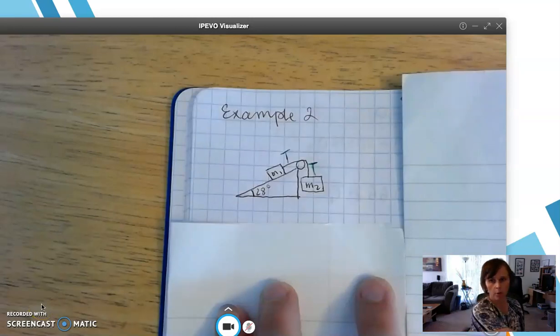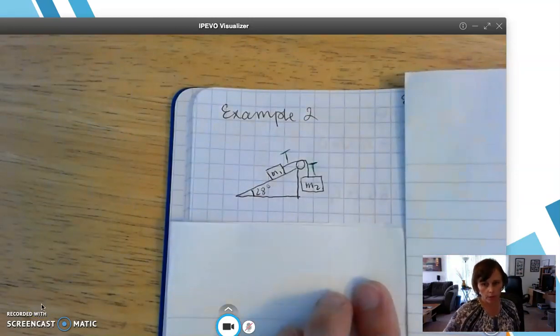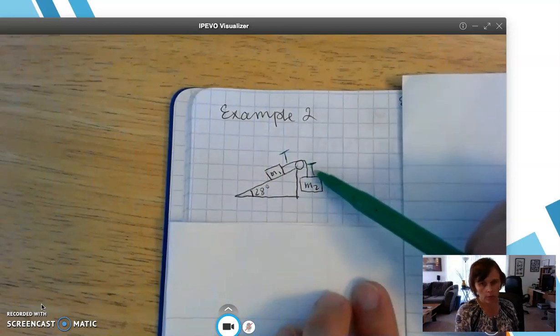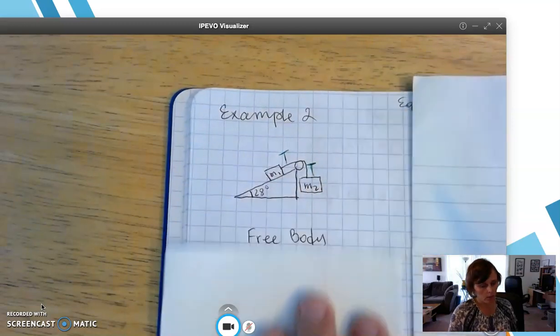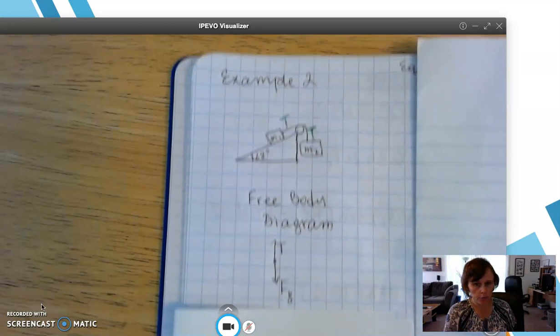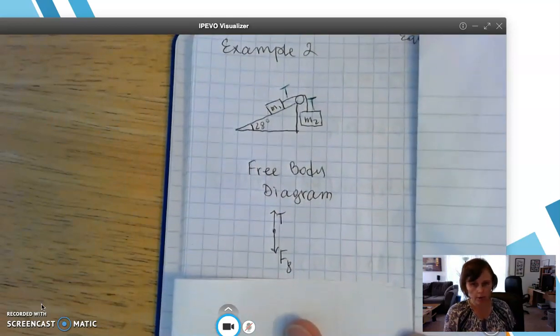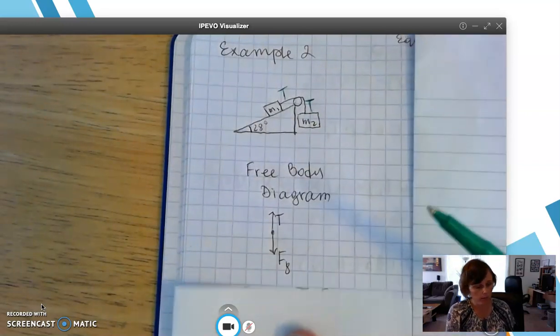I redrew this problem. This is mass 2, mass 1, and we need to realize that the tension in this rope here is equal to the tension in this rope right here. So keeping this in mind, we can draw a free body diagram for the M2 vertical mass first.